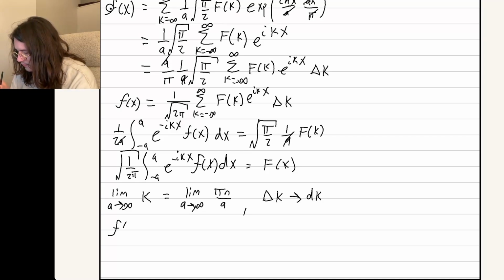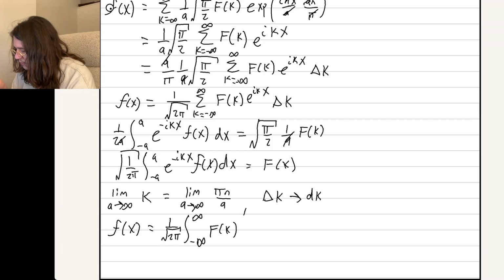So we'll have f of x just be 1 over root 2 pi, and it's the integral now from minus infinity to infinity of the capital F thing dk.